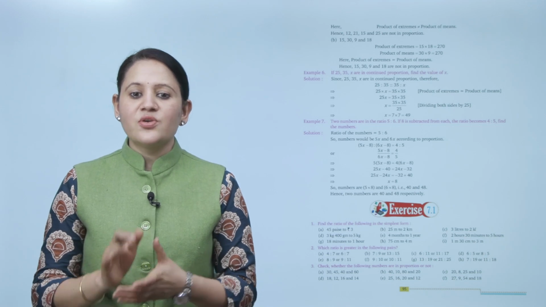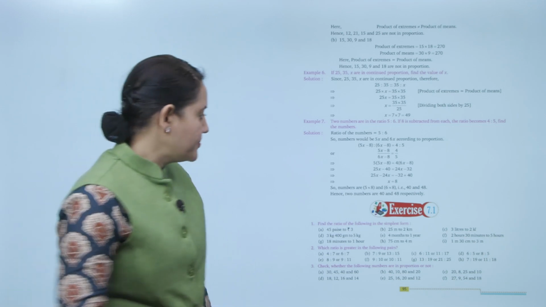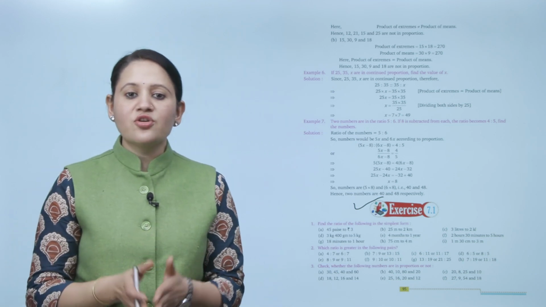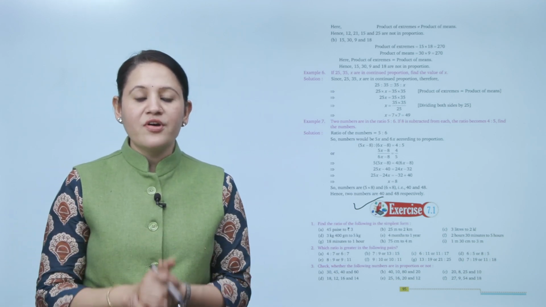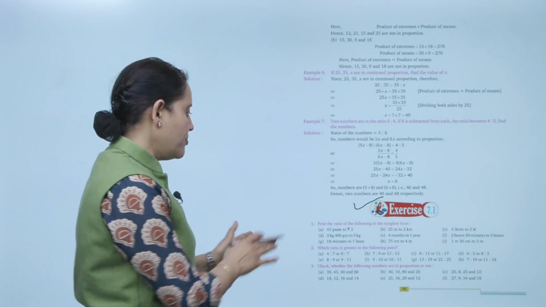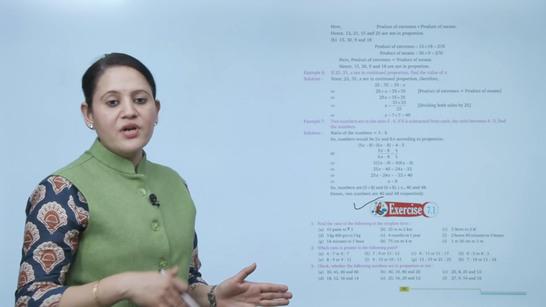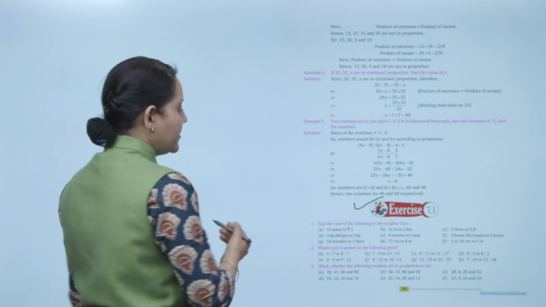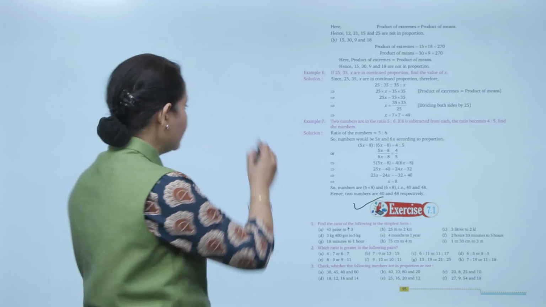Clear? So, next one is exercise 7.1. Find the ratio of the following in the simplest form: 45 paisa to 3 rupees. So, here units are changed. So, first we will convert into same unit. 3 rupees can be written as 300 paisa.